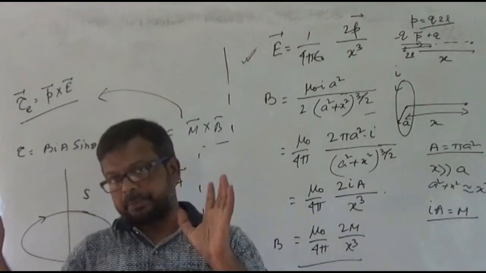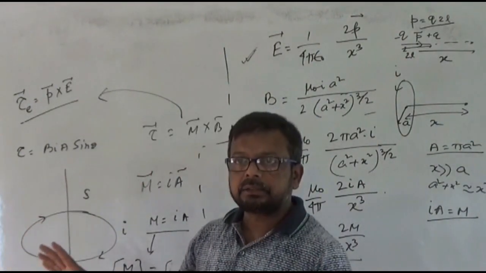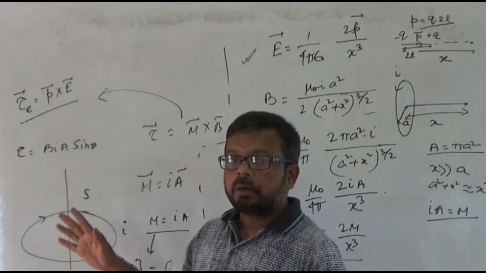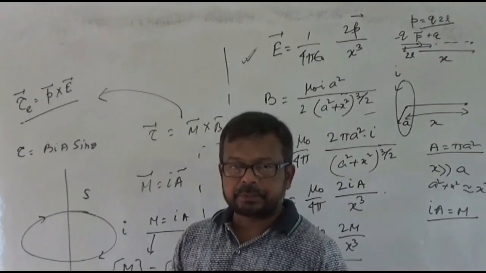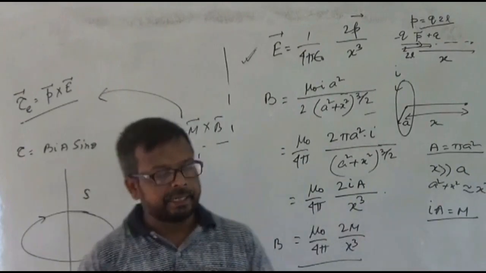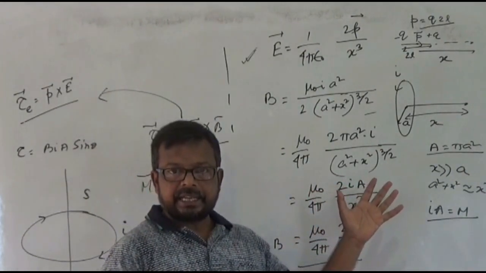We deduced two expressions. One is, if a current carrying loop is placed in a uniform magnetic field, then it will experience a torque, and that torque is M cross B. And again, we have discussed another result.